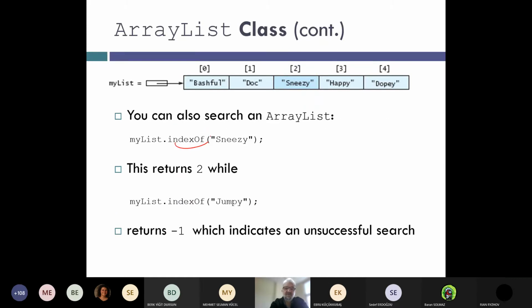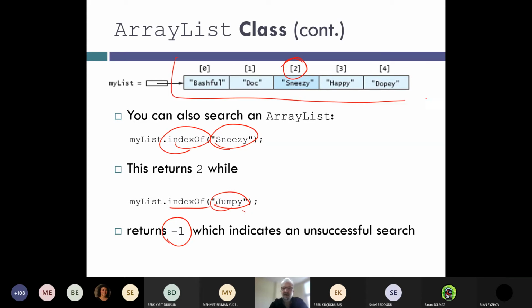And we have indexOf: we give an element and it returns its index, so for sneezy it returns 2. When we look for jumpy by using indexOf, it will return -1, since it is not available in this ArrayList.